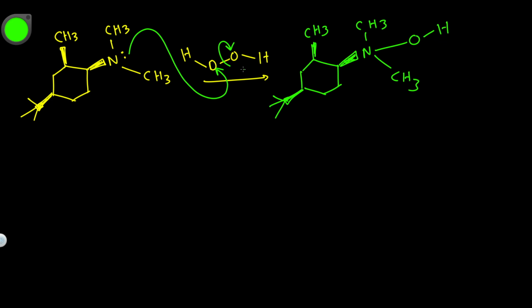And because this OH minus is leaving, this OH minus is now acting as a base, and it will take a proton, this acidic proton of this hydrogen, and then this bond will break, and then you will get something like this.